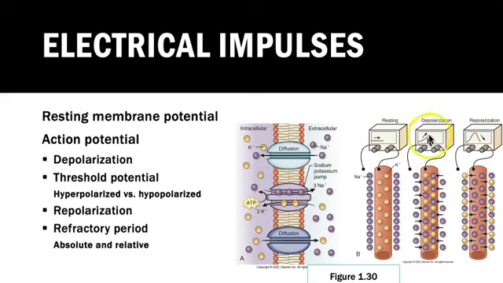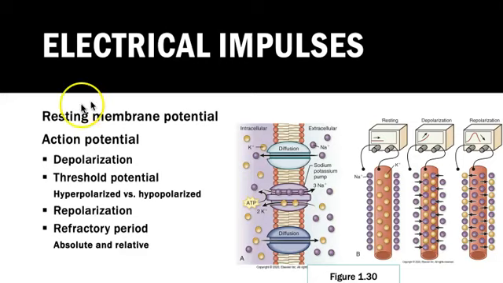In order to have the action potential take place, we have to pass a threshold, and that could be something like -55 millivolts. Now, sometimes we don't reach that threshold, and we can have some hyperpolarization taking place where the membrane potential is more negative than normal.